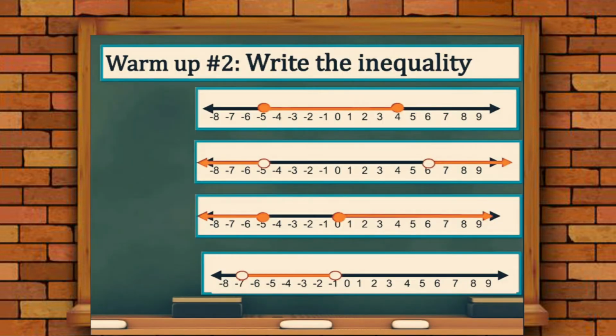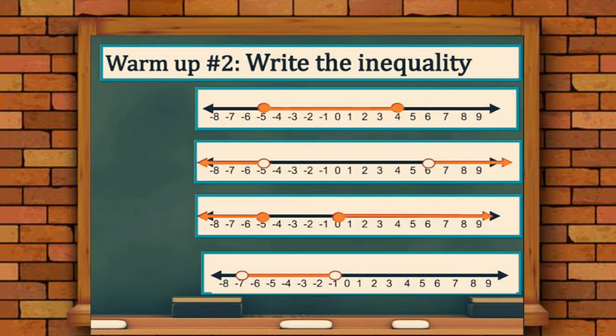Warm-up number 2, write the inequality. In number 1, we call it a joint solution because our solutions are going through each other, which are -5, -4, -3, -2, -1, 0, +1, 2, 3, and 4.